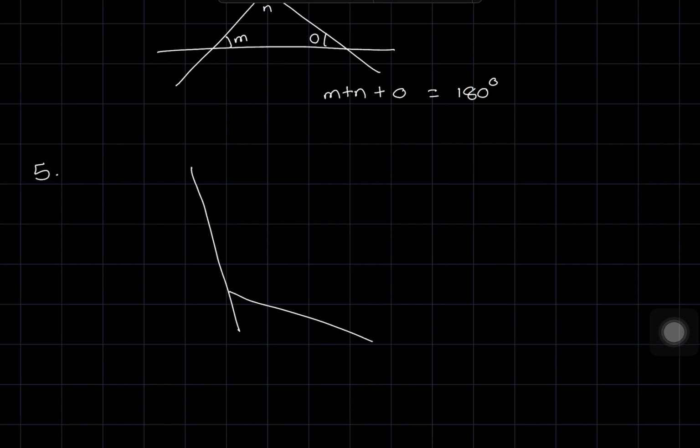There's my triangle. Let me name my angles. This is angle A. This is angle B. And this one is angle C. And then I'm going to name the angles which are outside. This is angle X. This is angle Y. And this one is angle Z.